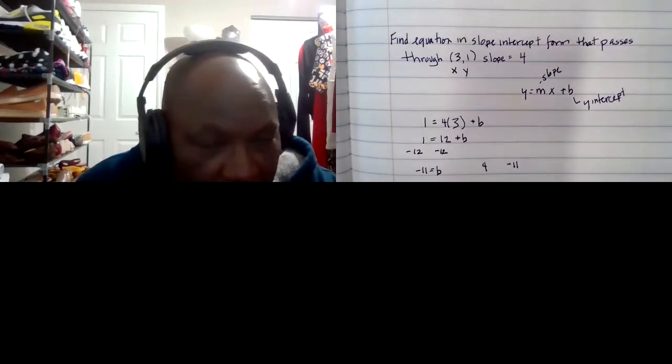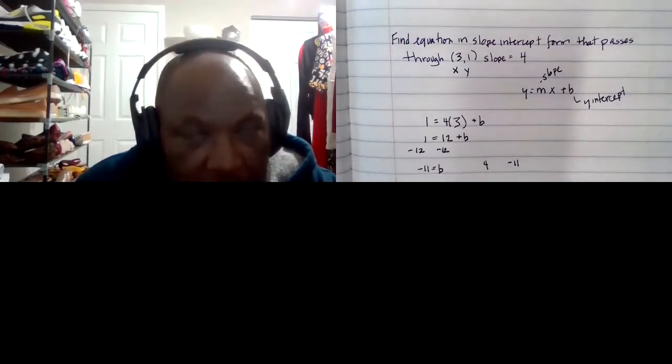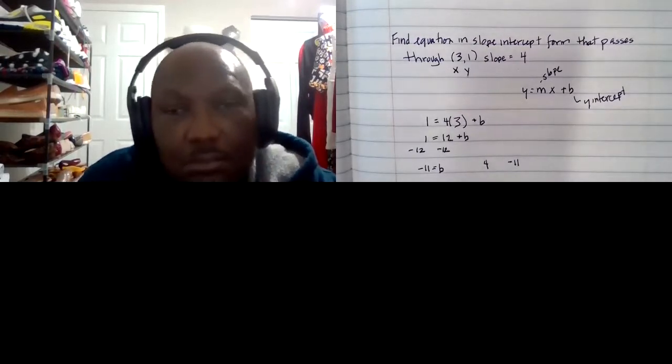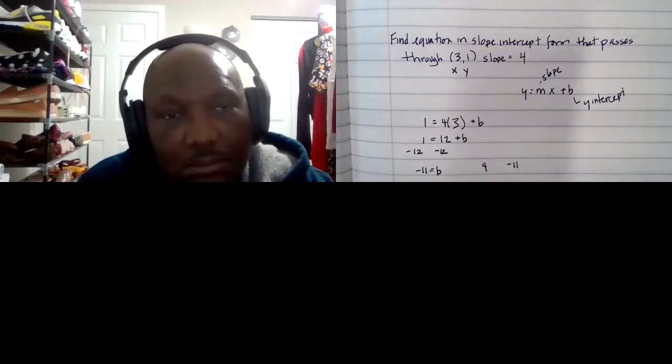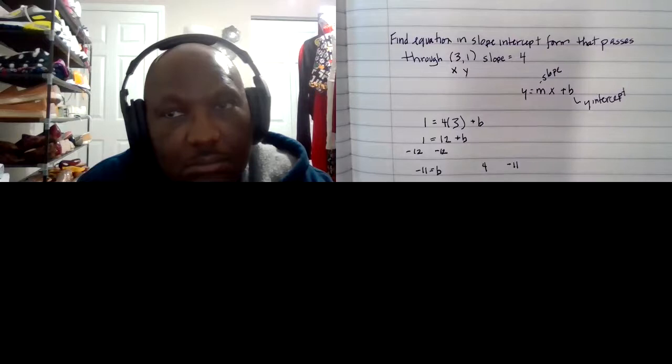Because once you've got the process, it doesn't really change. And so whatever they throw at you, you'll be like, you know what? I know how to find the slope. I can find it if they give me 2 coordinates. I can find it if they give me 1 coordinate. I can find it if they bury it under mountains of text. I can find it. And just keep telling yourself that because you can. And that'll get you through the test.